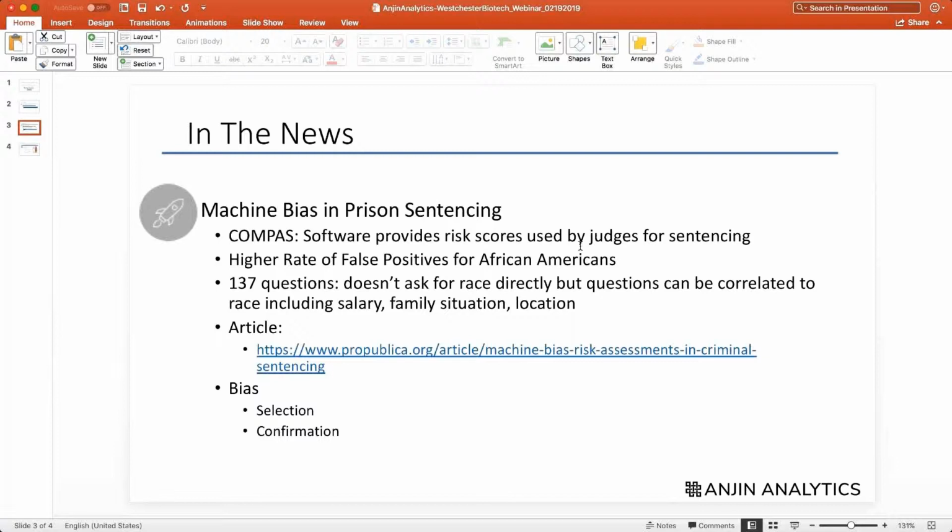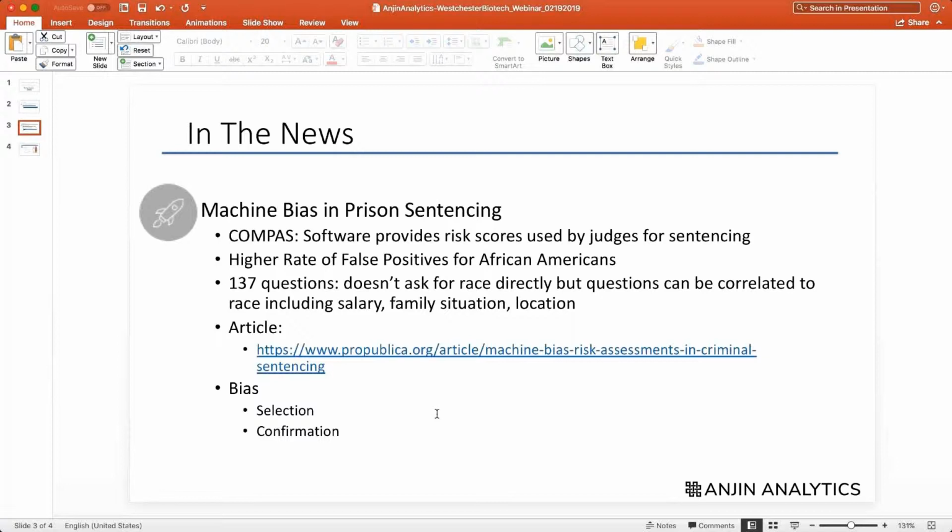And so a lot of these questions, even though they don't directly ask about race, they may indicate a bias towards race. And so they're finding that these systems have a much higher rate of false positives for African Americans.